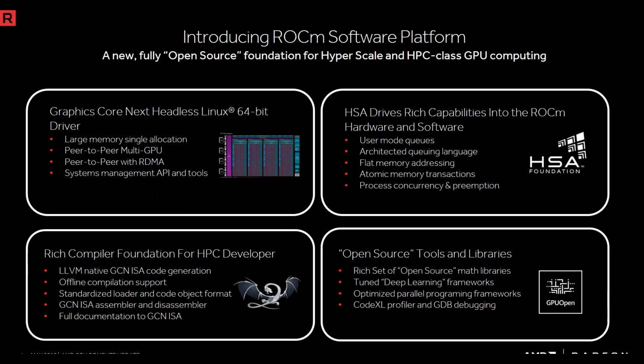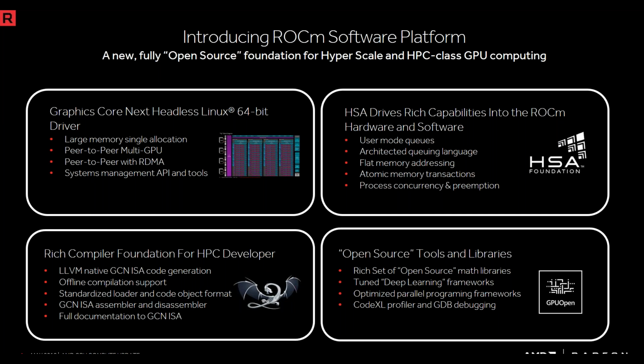I know there's a lot of text in this slide, but essentially, what is ROCm? How is it different from other GPU compute software? The first item, in the top left corner, is the driver, which is a headless Linux 64-bit driver. We support large memory, a single allocation.